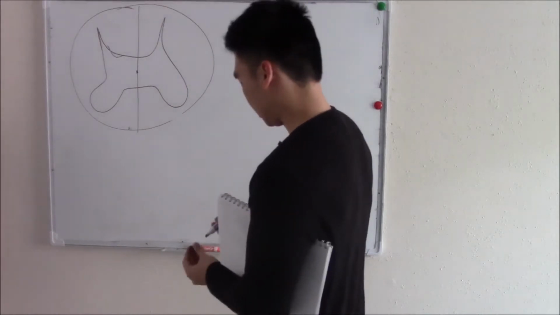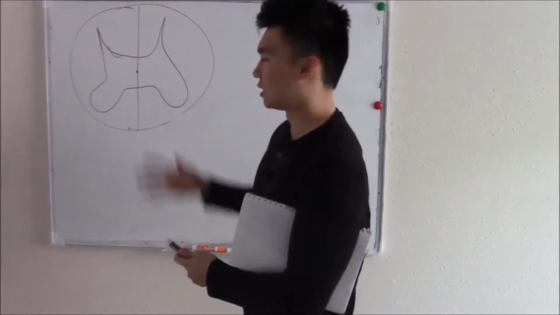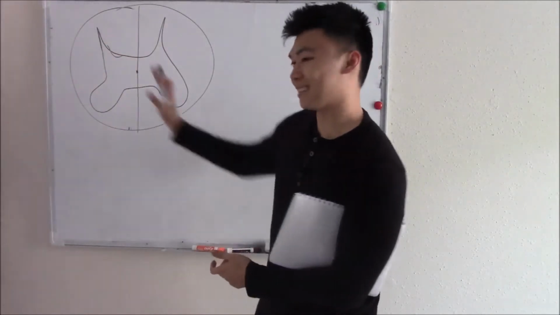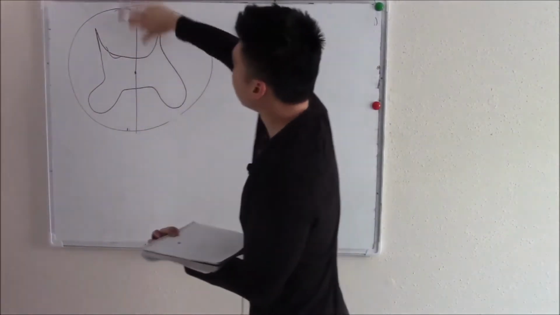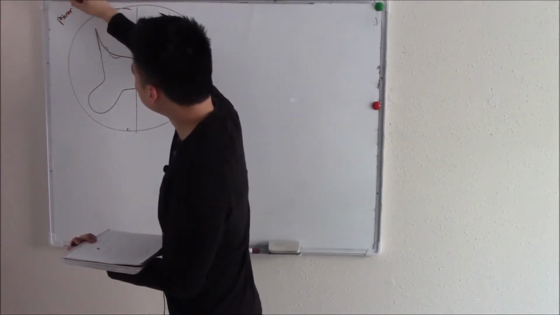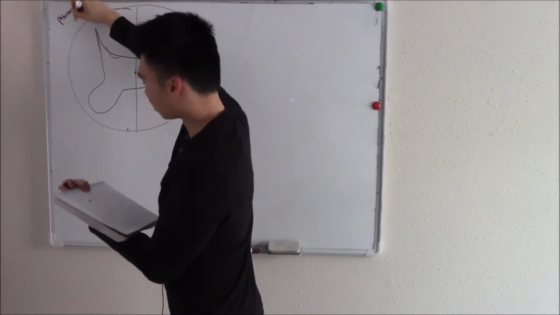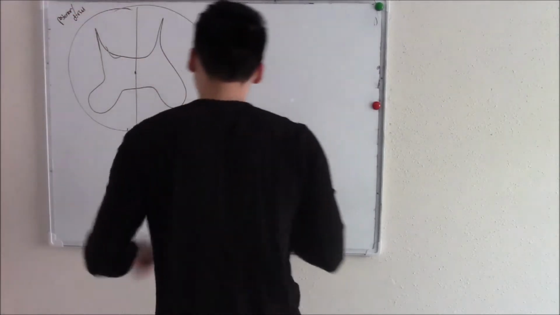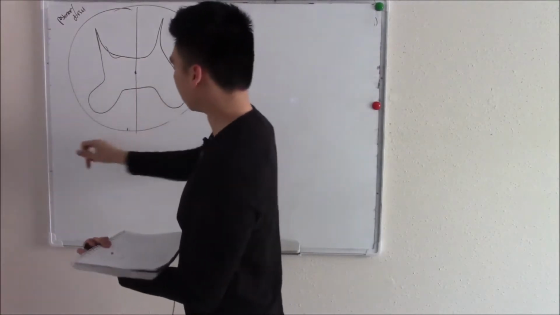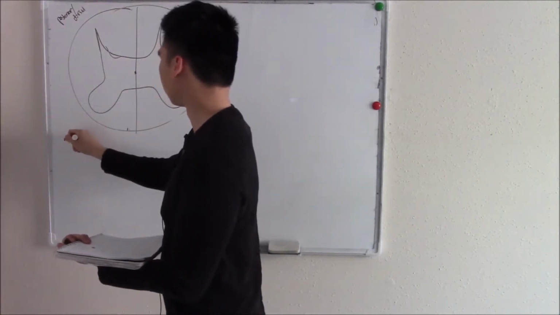If this is your left half, then this will deal with all the left side stuff, and this is your right half, this will deal with all the right side stuff. And this end is your posterior end, sometimes called the dorsal end. So this will basically be the back part where your spinous process is. And then that means this end is the anterior, sometimes called the ventral end.